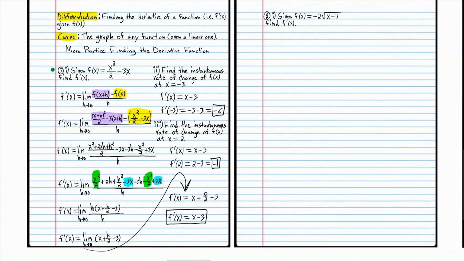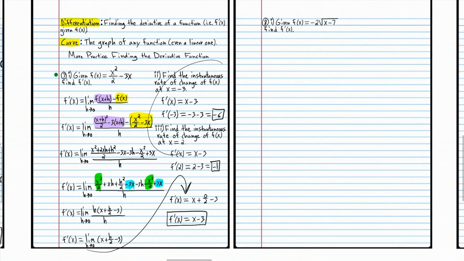So again, this is the same thing that we did in the previous problems. It's just we're using different terminology. We're calling it the instantaneous rate of change, whereas before we were just looking for the slope of the line tangent to the curve at some x value. Again, it's just the same thing.